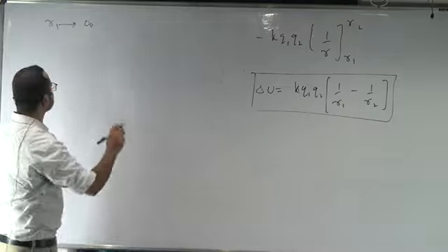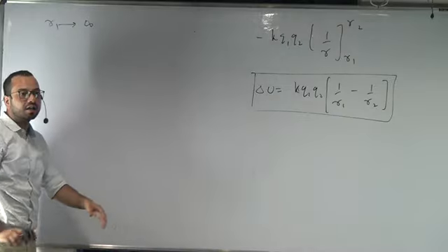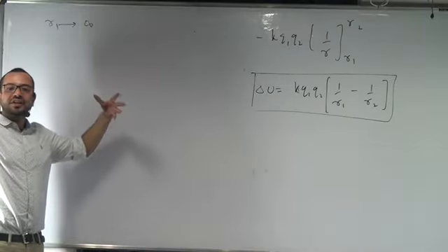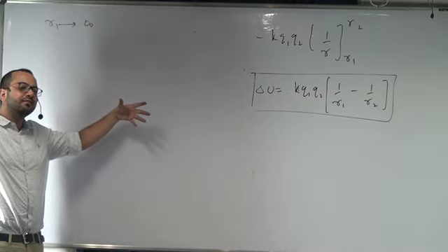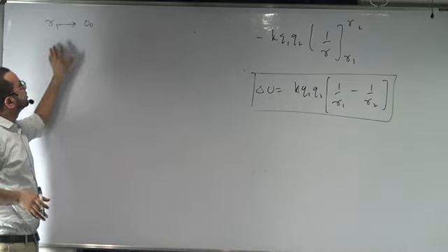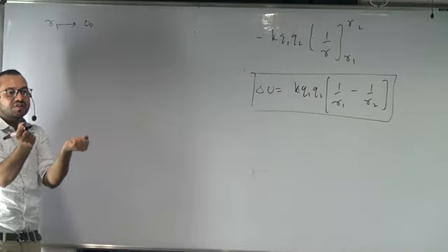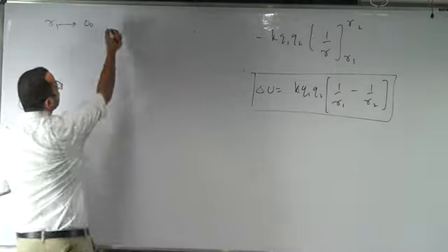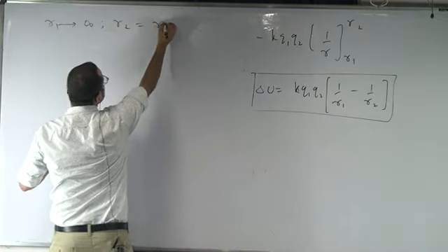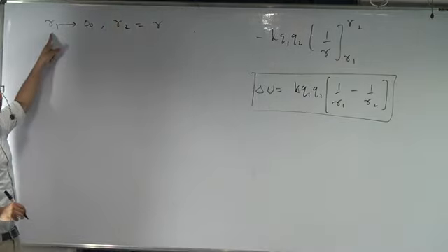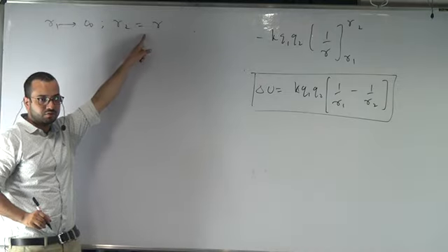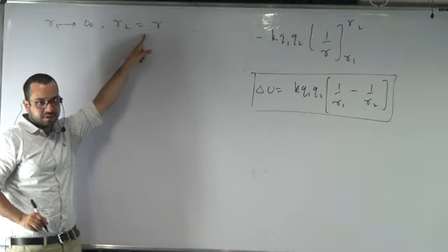Okay, initially the particles I'm assuming are placed at a very large distance, so r1 tends to infinity. And then I'm bringing them to a separation r. So r2 should be equal to r. This is the initial separation, and this is the final separation. So the final separation is r. Is that correct?